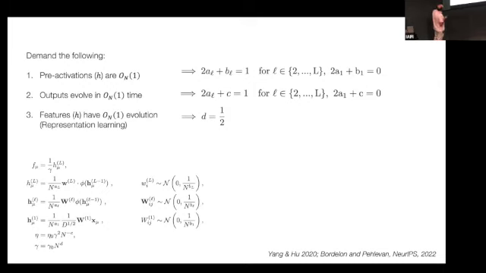And basically, it turns out the important parameter here is the following for feature learning. So there's this d parameter here, which is basically the n to the power d over here, which scales h mu before passing it through the output.